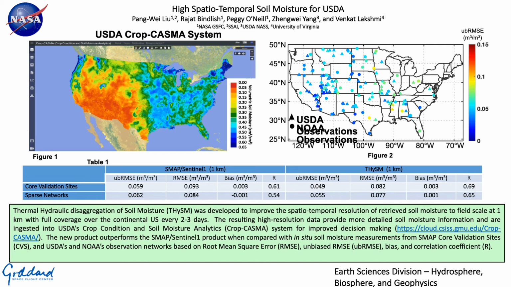And so this allows the partners at the National Agricultural Statistics Service to have quick and easy access to near real-time soil moisture observations as well as crop conditions and soil conditions. So it's very helpful for assessing current and future crop productivity. And it's called Crop CASMA, and there's a link. You should check it out. It's pretty cool.